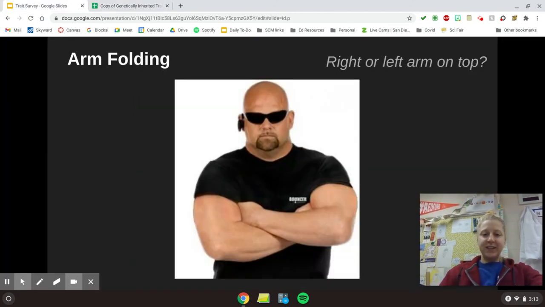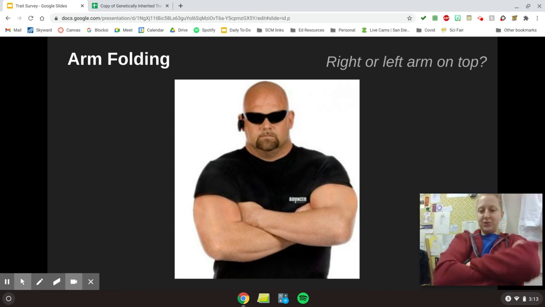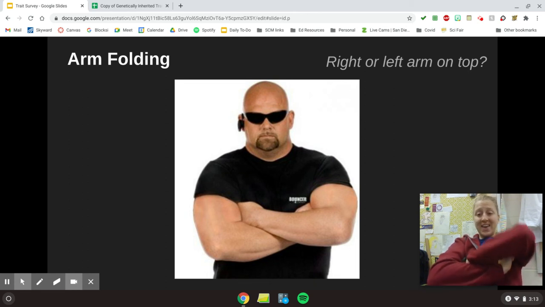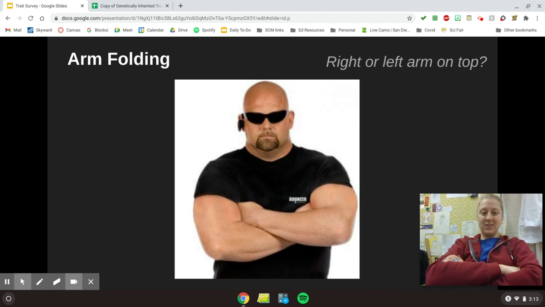Next up is arm folding. Look at this bouncer guy, or pretend you're throwing a temper tantrum, and cross your arms like this and see which elbow ends up on top. For me, this one ends up on top. That's my left. If you try to do it the other way, sometimes your brain won't even let you. I can, but it's really uncomfortable to have my right arm on top.